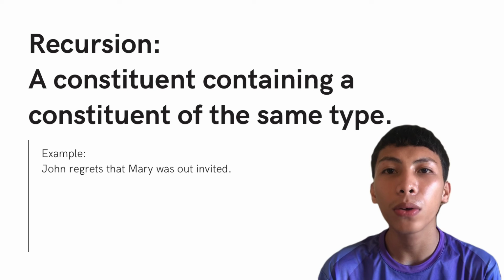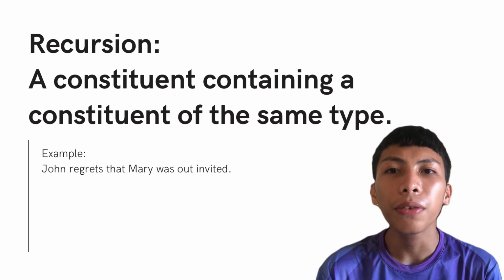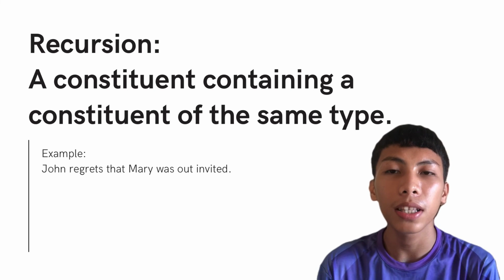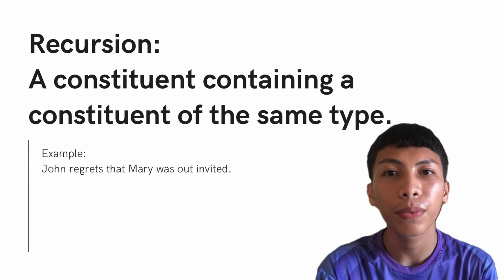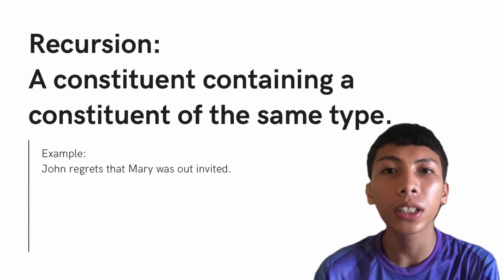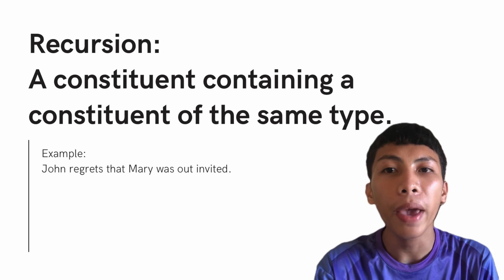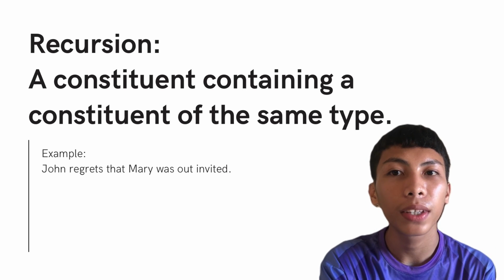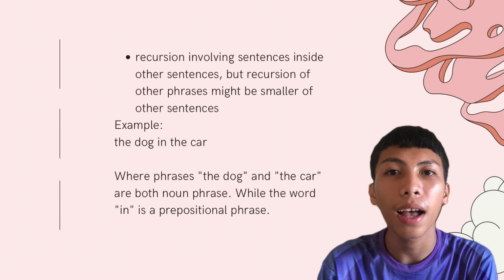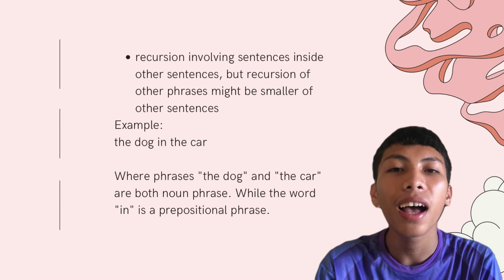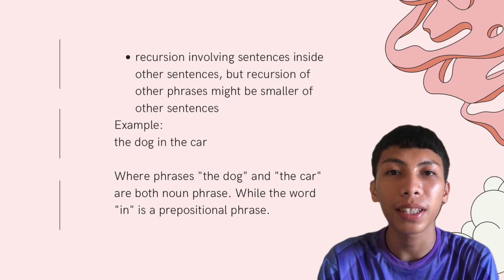So you could also say, John regrets that Mary was not invited. So we have a whole sentence which contains a smaller sentence, which is Mary was not invited. So this is an instance of recursion: a constituent containing a constituent of the same type.